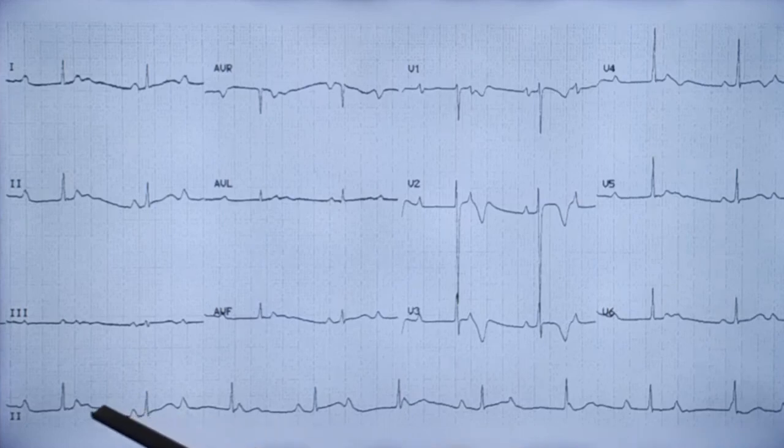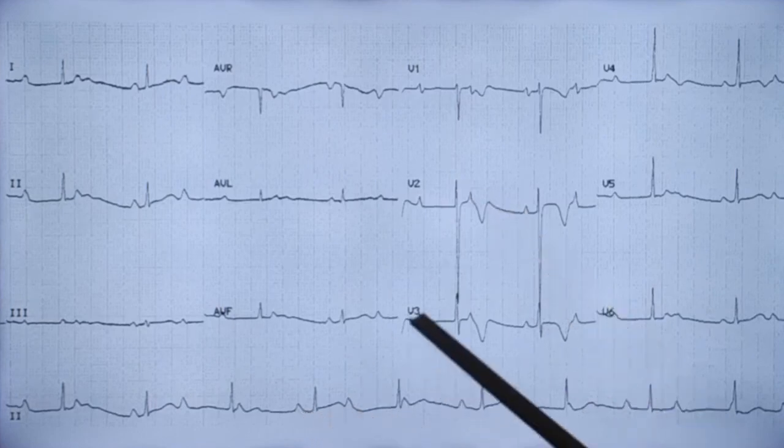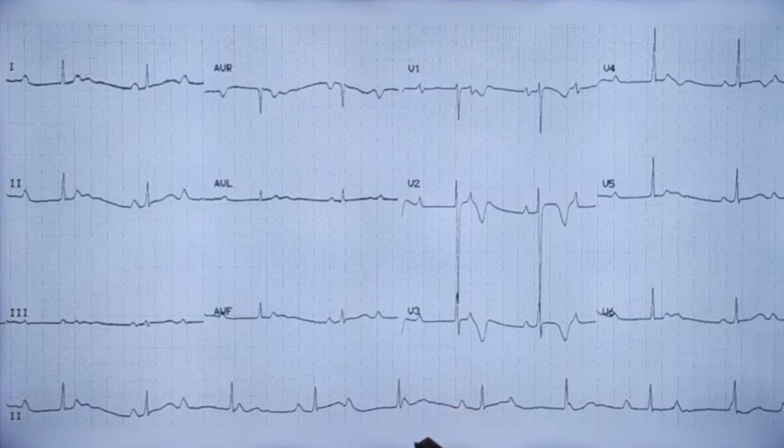So there is total variation in the PR interval, and the heart rate is around 60 per minute, but the rate of P wave is higher. It is a little lower than 100 per minute. So overall it will qualify for a complete atrioventricular block, complete heart block.